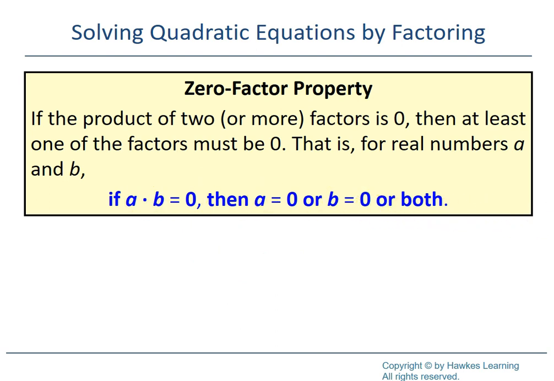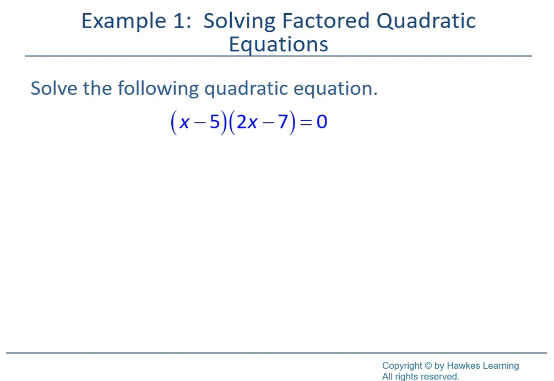So as we move on, we see now we have two binomial factors that are equal to 0. So in a sense, this is our A times B equals 0.